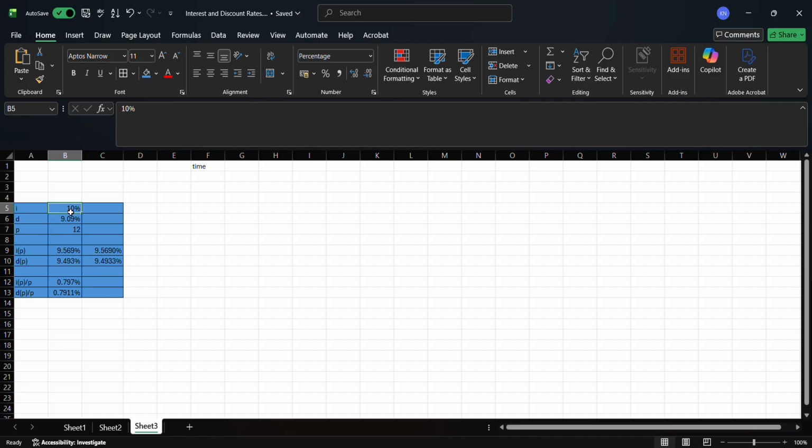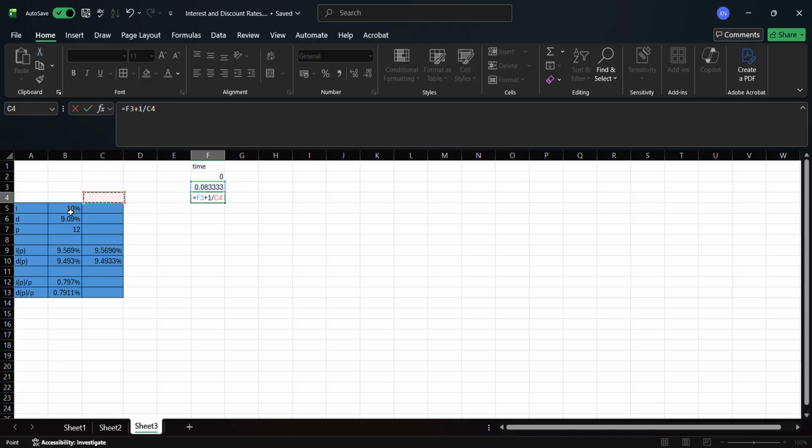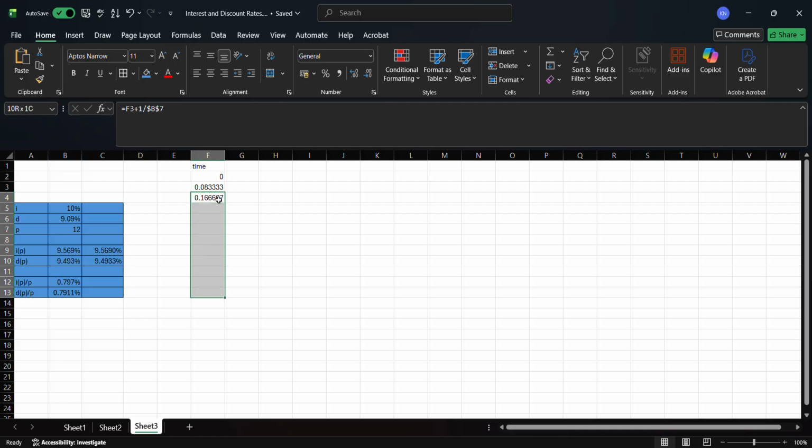Since we divided our year into 12 sub-intervals, our time will start from 0, and then it'll go to 1 over 12. And then we'll add 1 over 12 again, till it gets to 1.